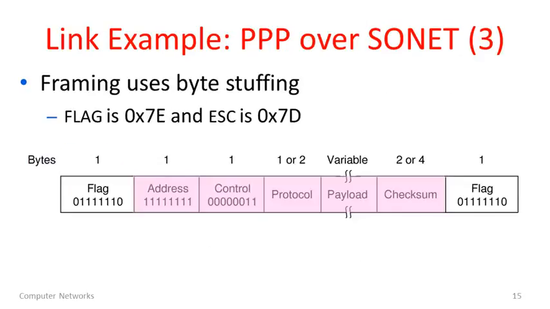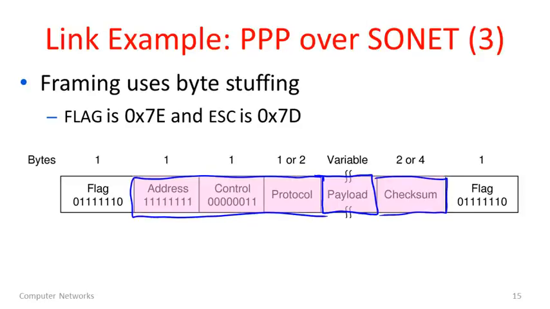If we focus on the PPP bit, since that's our focus for this video, then we find that PPP frames the packets it gets from the IP layer using byte stuffing in a way that's quite similar to what we've described. Here's a picture of the frame. The payload is what comes down from the IP layer, and you can see that the PPP layer adds some headers and control information and also some trailers.